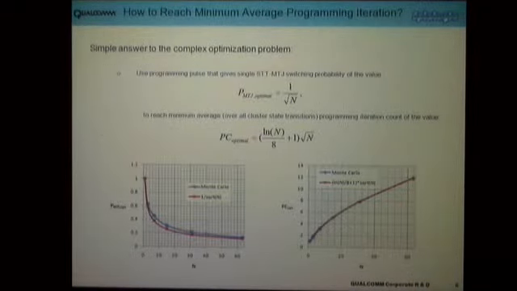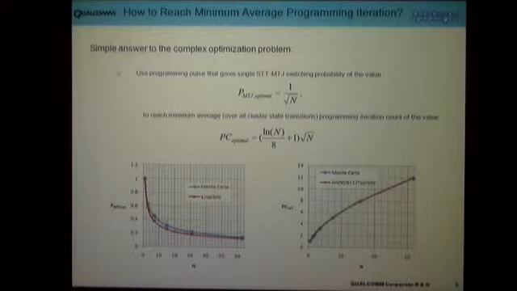And actually this turned out to be a very complex optimization problem, because we want to find the STT-MTJ switching probability that minimizes the average programming iteration, averaged over all clusters and over all cluster states. That's a very complex problem.